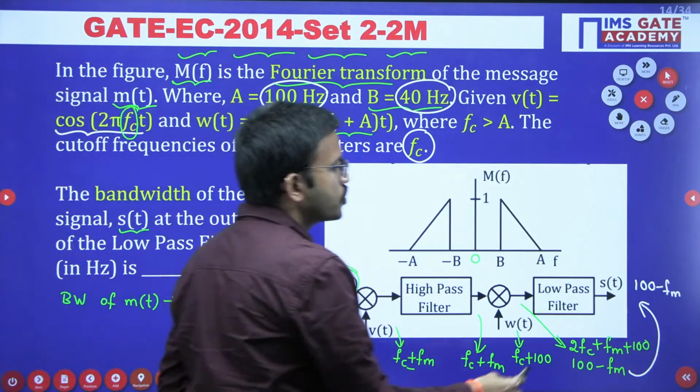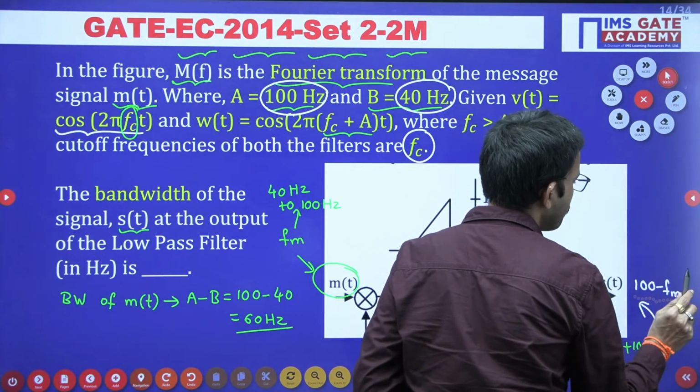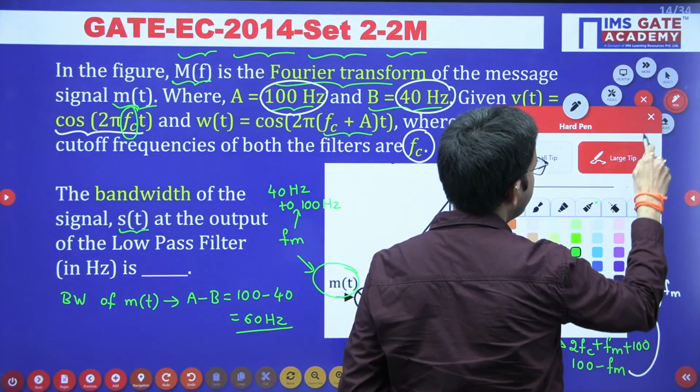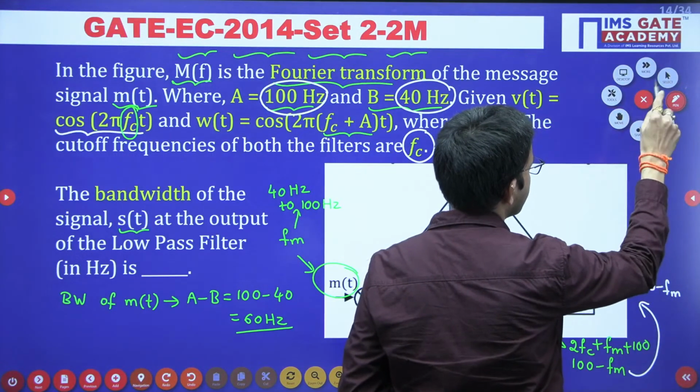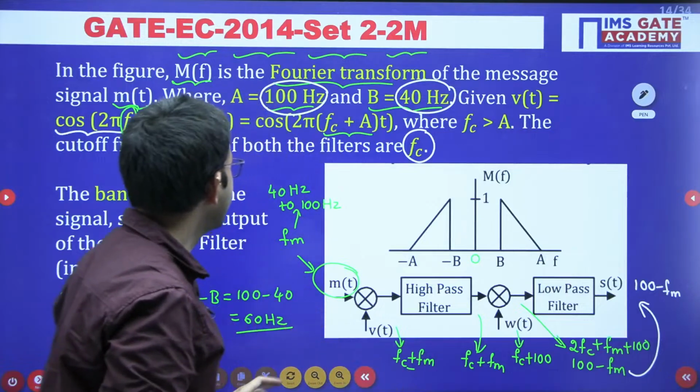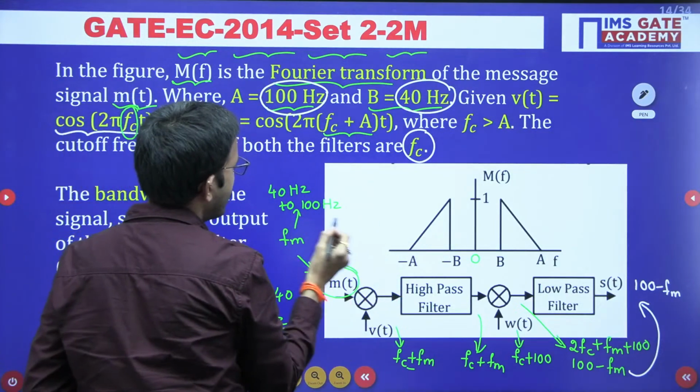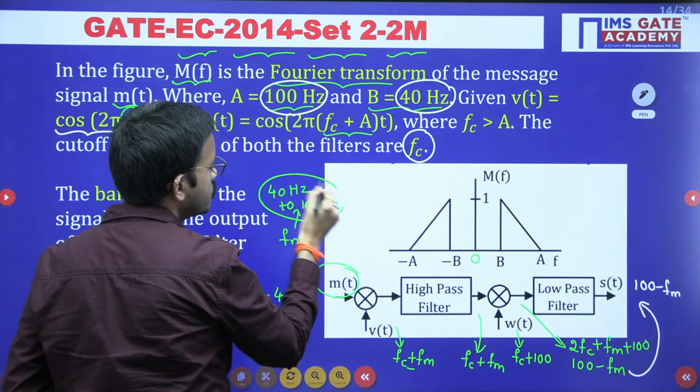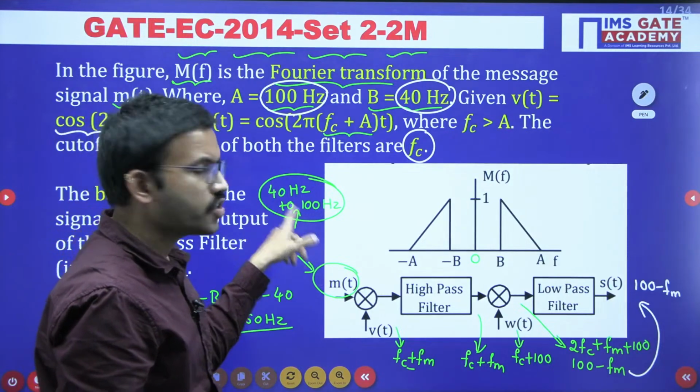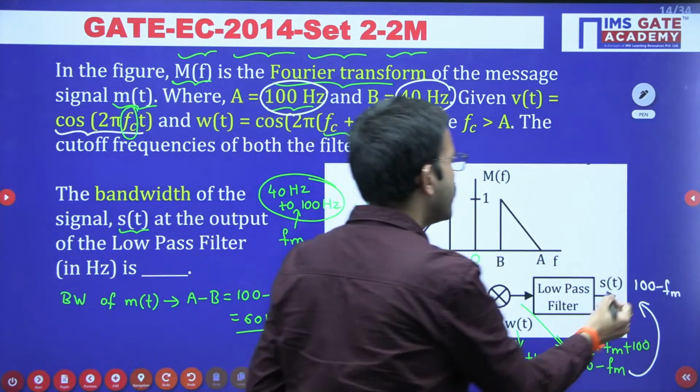Yes. So here you are getting 100 minus FM. Just observe here. Originally, regarding FM, you are having 40 Hz to 100 Hz. So here 100 minus FM.